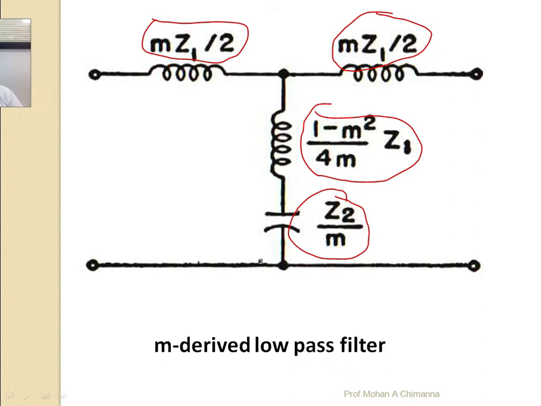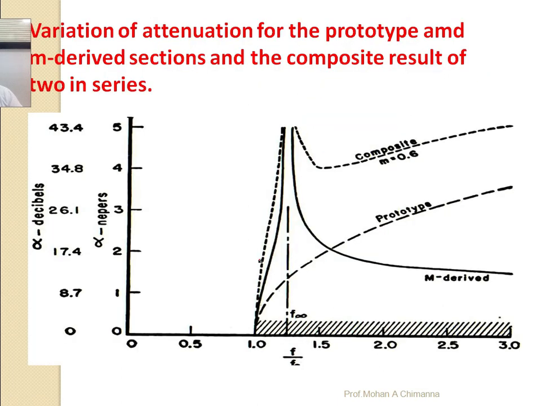For this filter, a numerical example is expected in the examination to design the constant K low pass filter. So here is the variation of the attenuation of the prototype, the M derived section, and the composite result of the two in series.